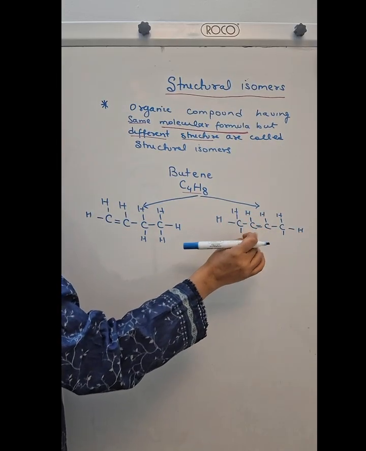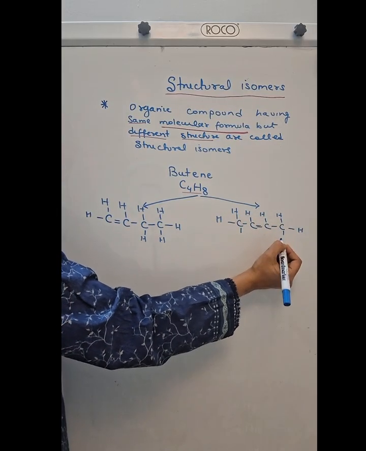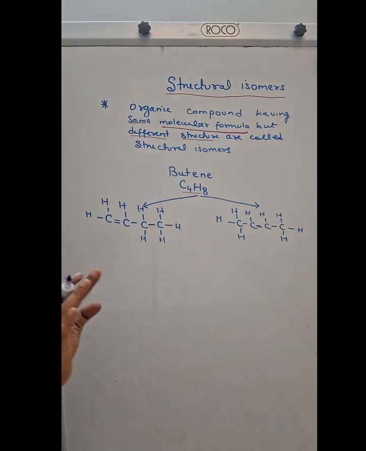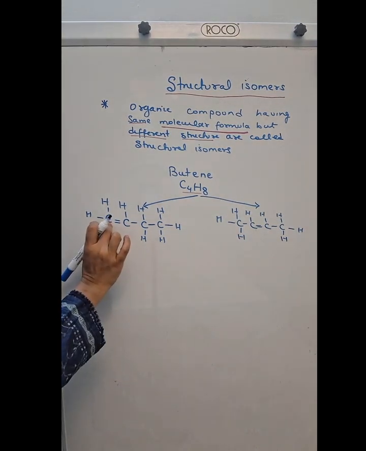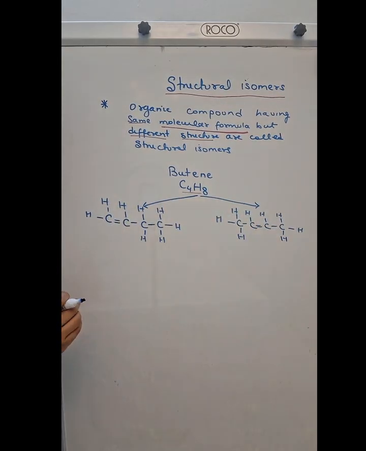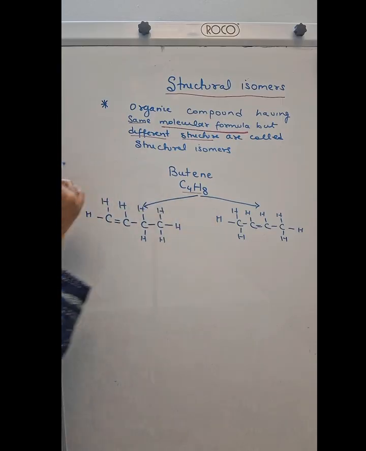Yes, this was wrong. 1, 2, 3. So 1, 2, 3, 4, 5, 6, 7 and 8. So what we did? Instead of bonding between first and second carbon, we bonded second and third carbon. So this is another structure of butene.